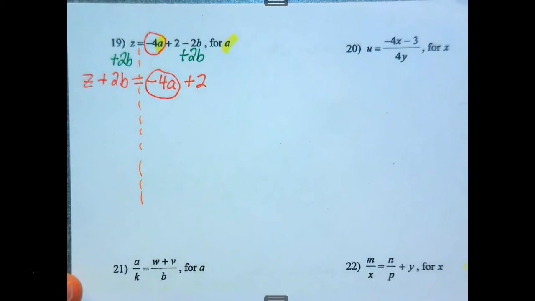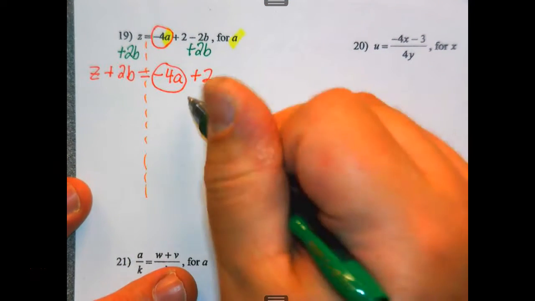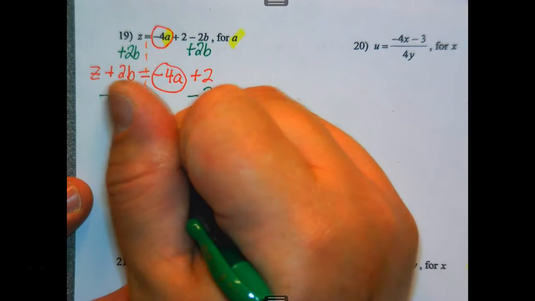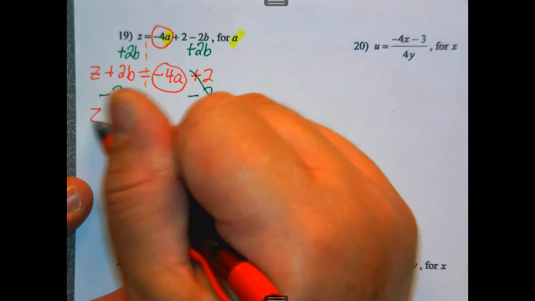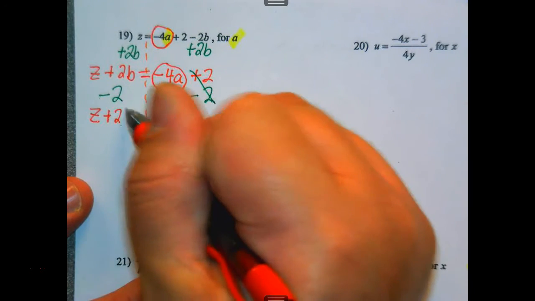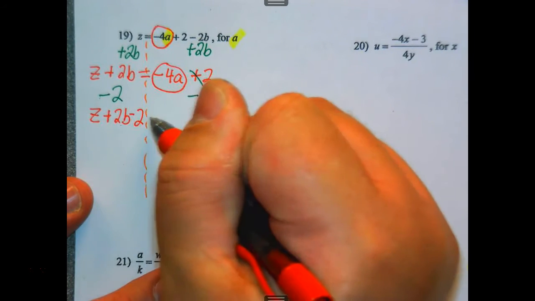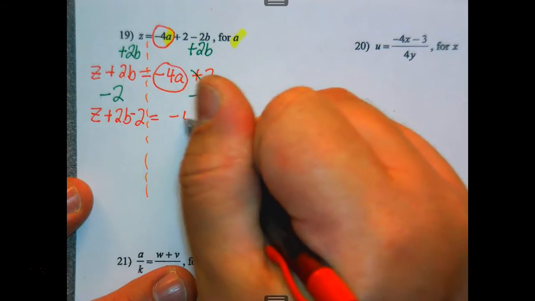I'll have to get that guy by itself. Subtract 2 from both sides. So I have z plus 2b minus 2 equals negative 4a.